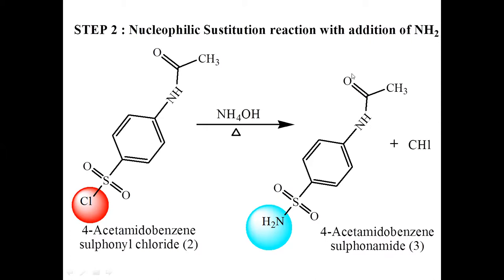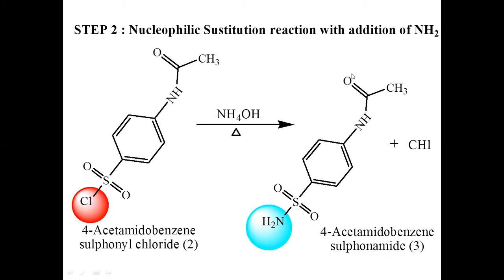In this, chloride acts as a good leaving group. Now, this second compound, 4-acetamido-benzene sulfonyl chloride, undergoes a nucleophilic substitution reaction when added with ammonium hydroxide with the application of heat.